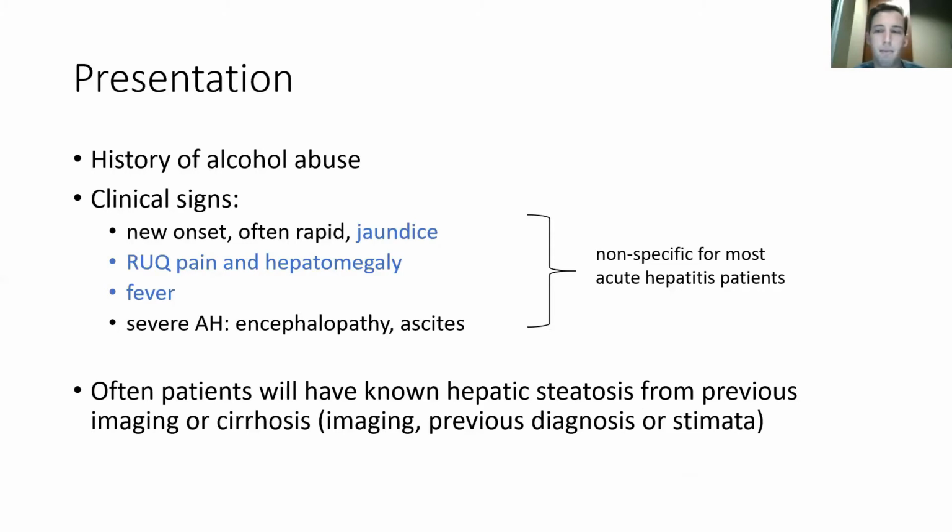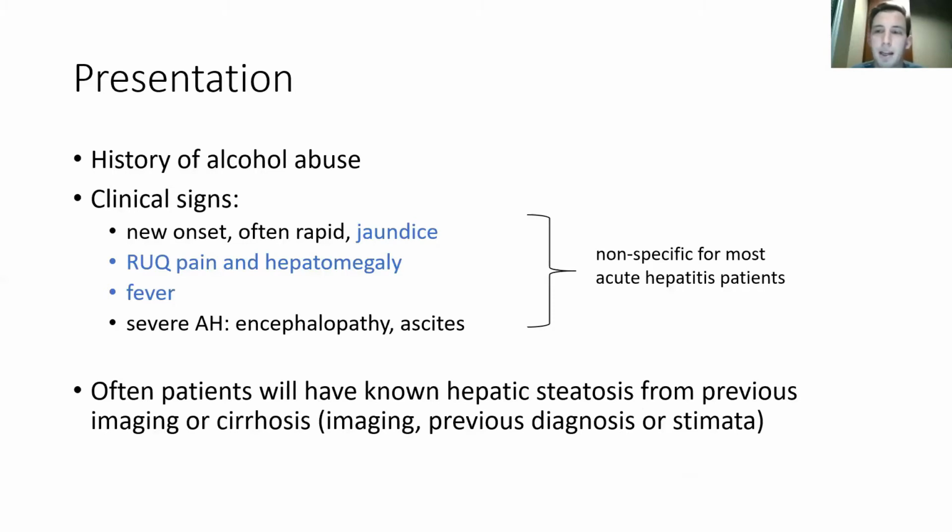The main things to be thinking about for these patients: they'll usually have a history of alcohol abuse. This is something that oftentimes will be known at the time of presentation. But if it's not, you'll see progressive jaundice, right upper quadrant pain, hepatomegaly, and fever. Those are the main things that you'll see.